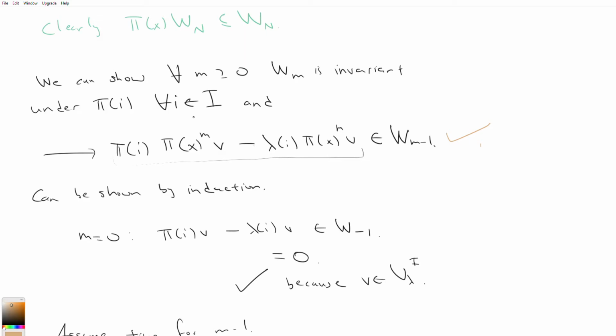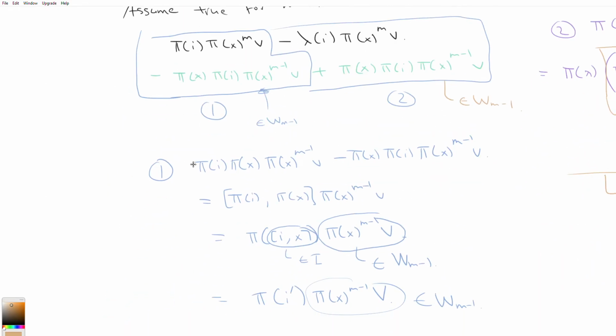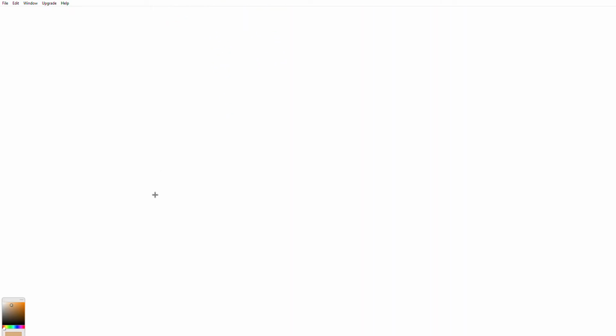And so let me come all the way down and show where we are. Just to reset, we want to show that for all I in I and x in L, λ(I) bracket x is equal to 0.